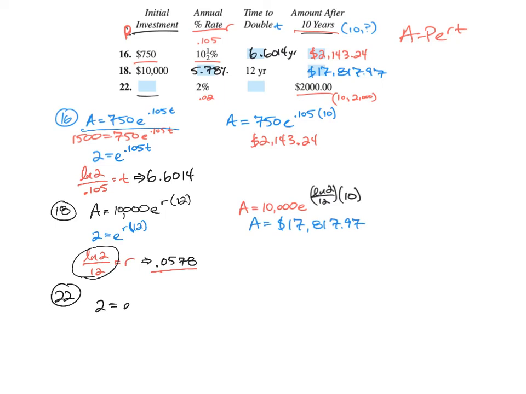So now I have 2 is equal to E to my rate of 0.02 times my time. It's pretty cool. So we natural log it, and then divide by 0.02. So now I have natural log of 2 over 0.02, and I put that into my handy dandy calculator.